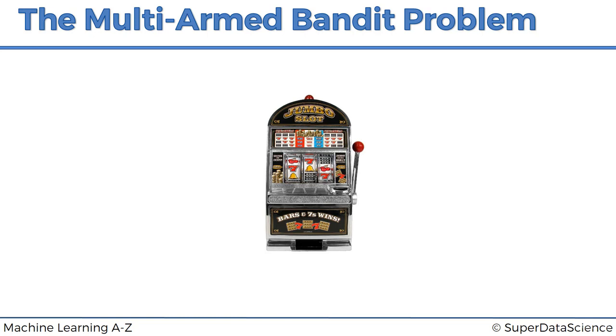Well, because these machines, this is one of the quickest ways to lose your money in a casino. I think it was like a 50% chance that they would take away your money back in the day.